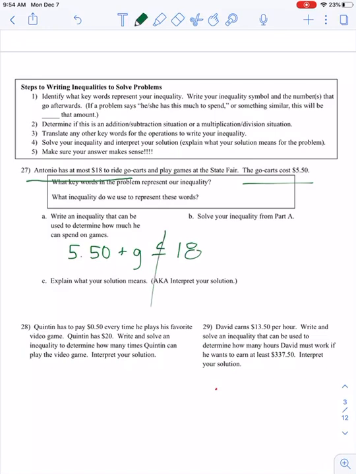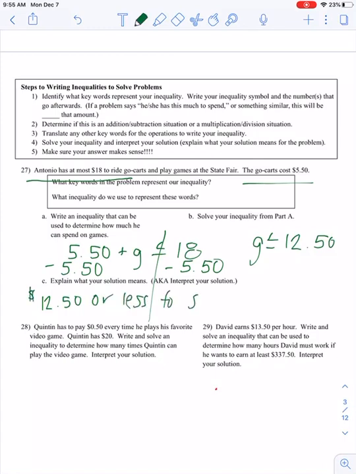So if you solve this, you would subtract 5.50 on both sides. And that's going to be G is less than or equal to $12.50. So what does that mean? He has $12.50 or less to spend on games.